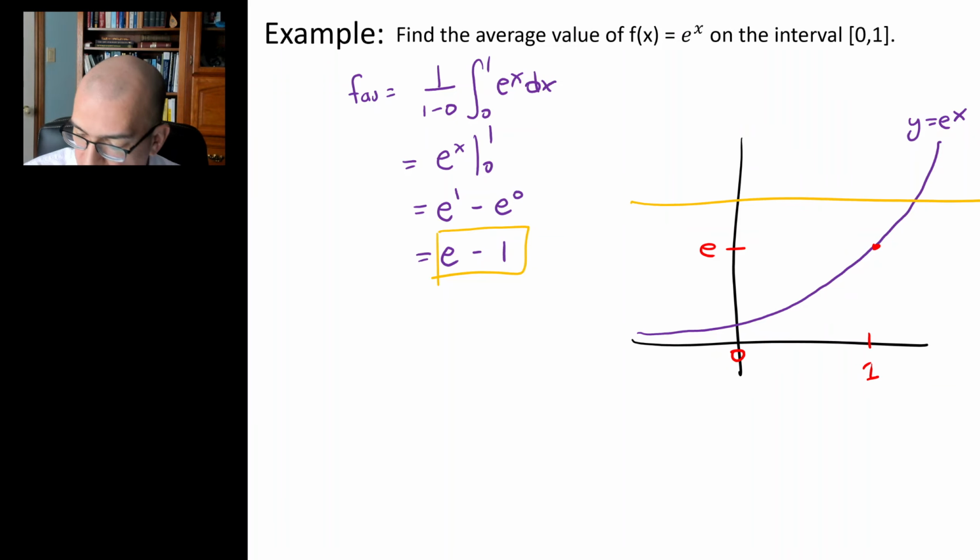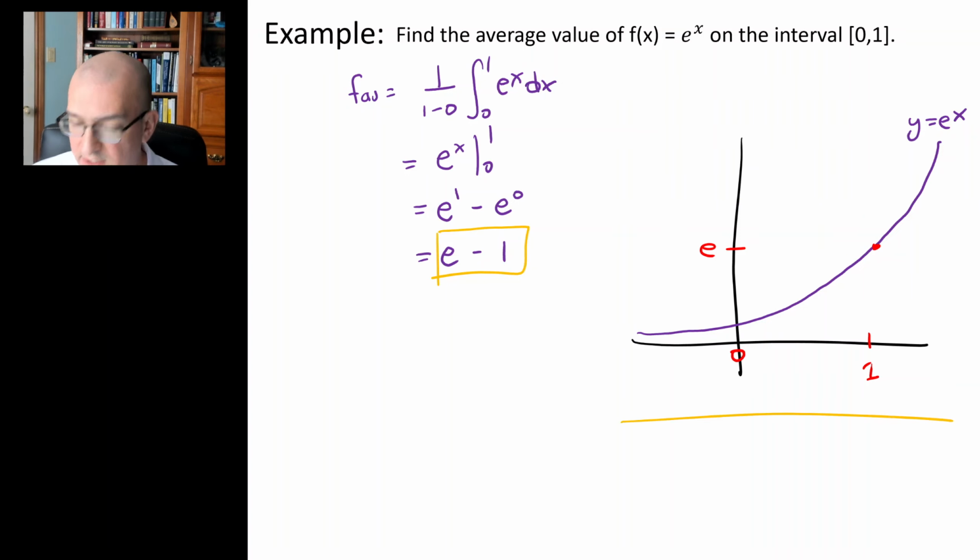I know the average y value is not up here, right? The average value can't be larger than all the y values that are taken. I also know it can't be down here, it can't be smaller than all the y values that are taken. It's got to be somewhere in between here and here. Somewhere between there and there.